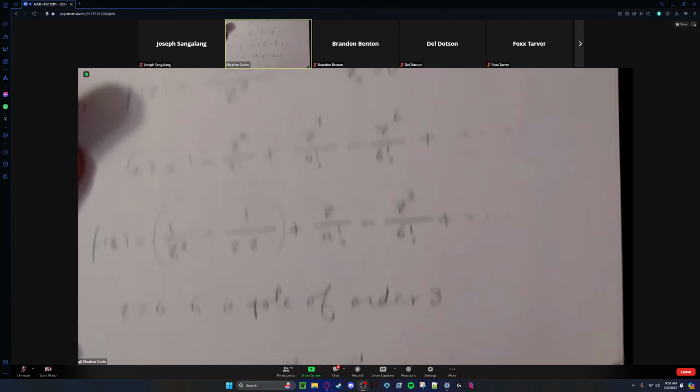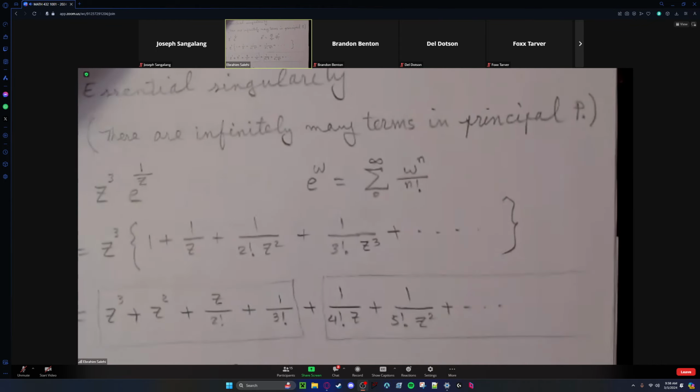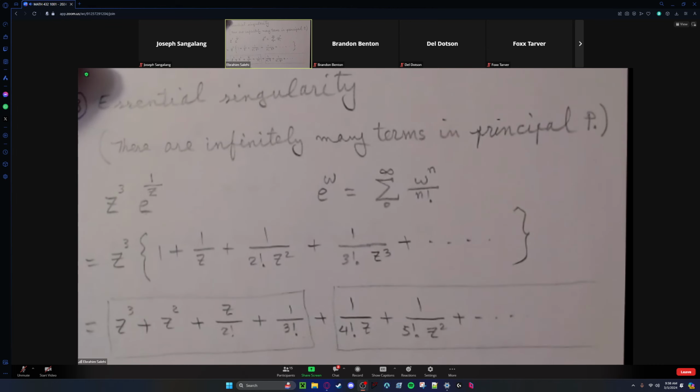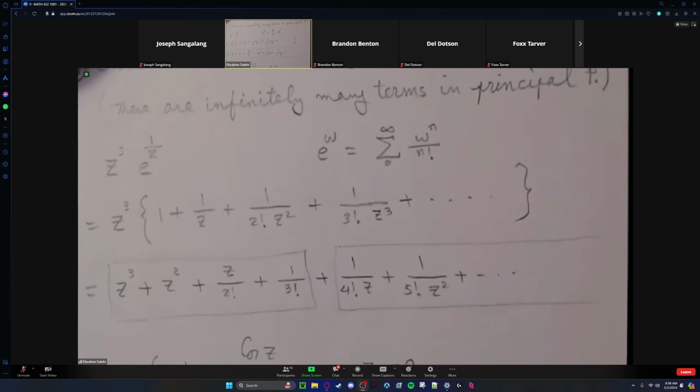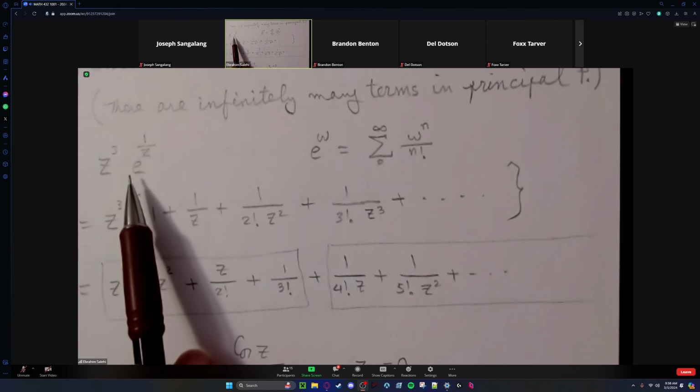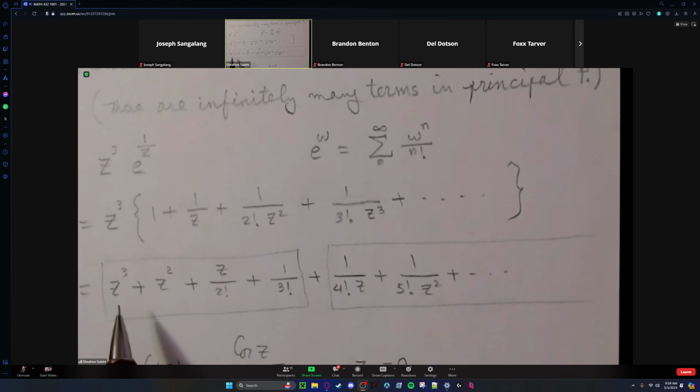Okay, now that I explained the negative powers, Brandon, let's look at this one to make sure that you see the negative powers. After multiplying, in this example, here are the positive powers and the constant.